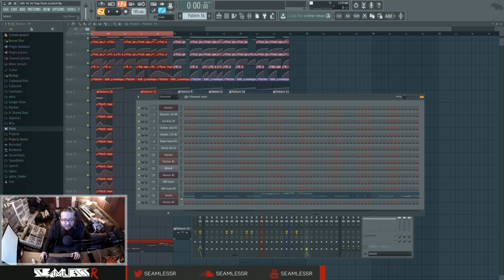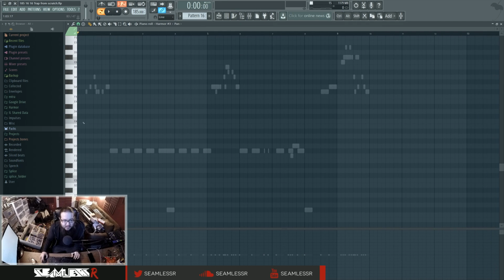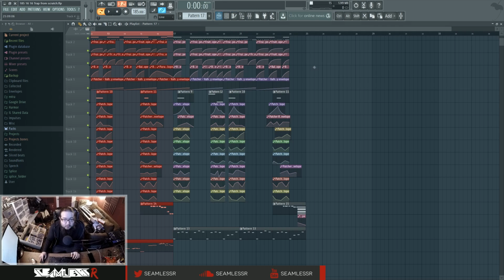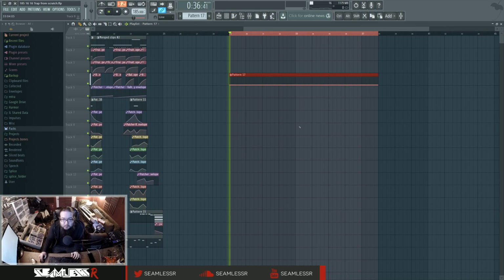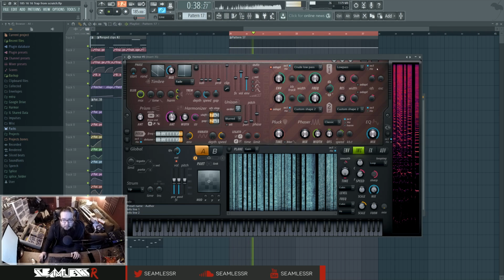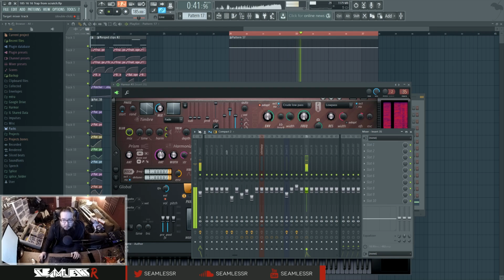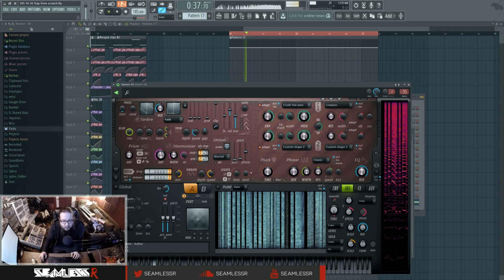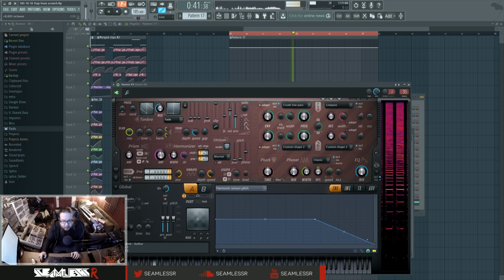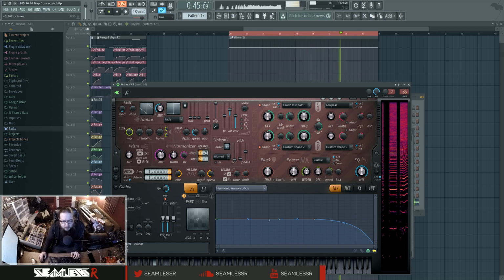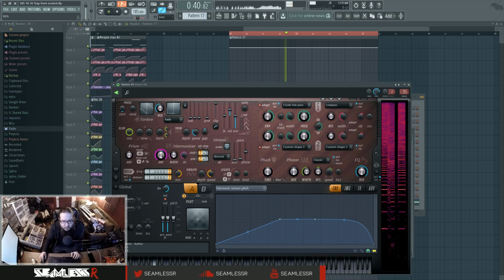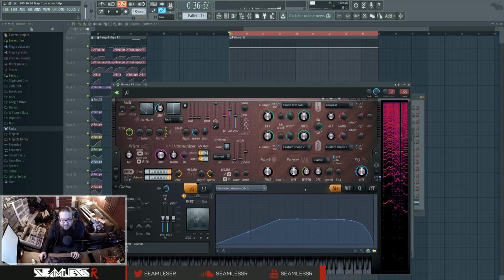But there is some cool stuff going on in there that I could take and do neat things with. Some of that is just so busted up.